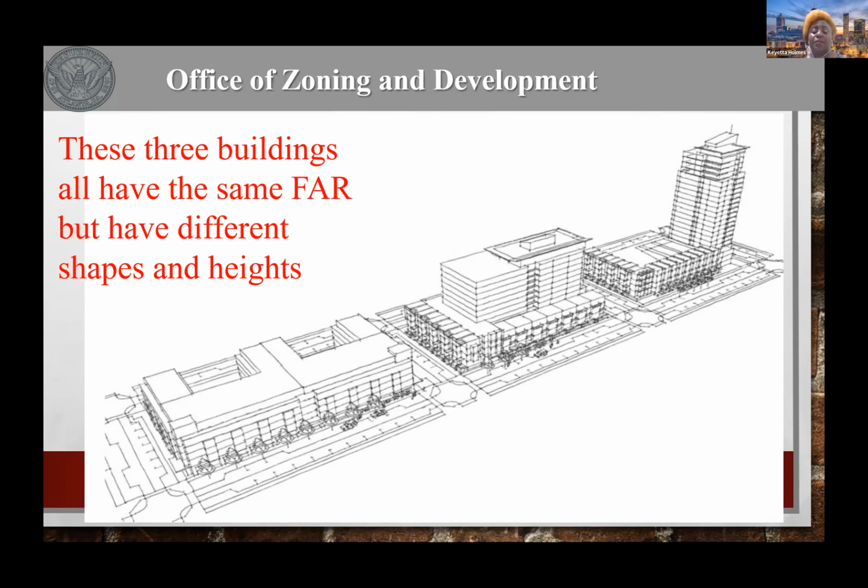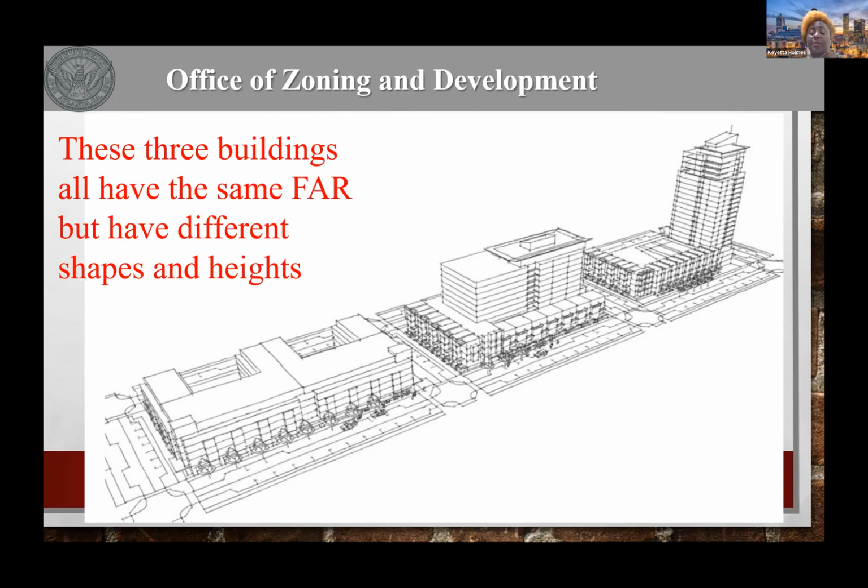MRC3 has the highest FAR in the city of Atlanta, 8.2, and allows a building up to 225 feet. I know that's not appropriate in certain neighborhoods and on certain streets. It's appropriate on big streets like Peachtree and Campbellton.